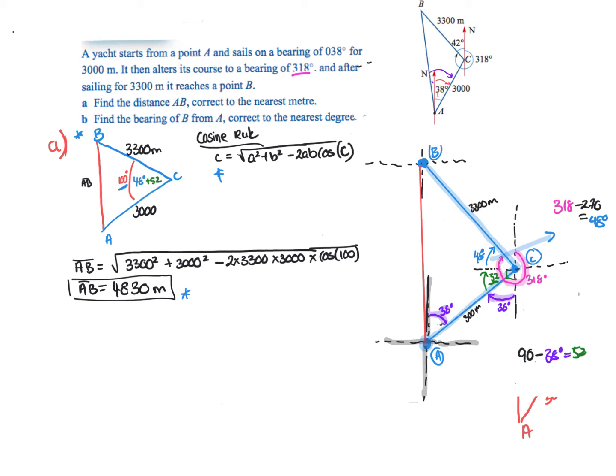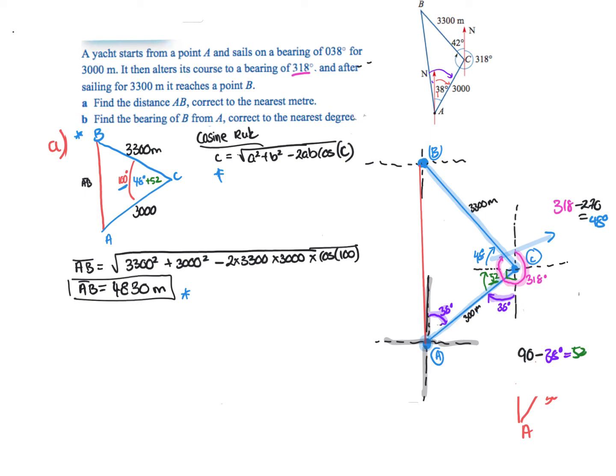So I've got a parallel line, and then when I have an intersecting line, if this is 38 in here, then this bit in here is also 38. Now, I've got 90 degrees in there, so I can see that 90 minus 38. So this bit in here is 90 minus the 38, which is going to equal 52.